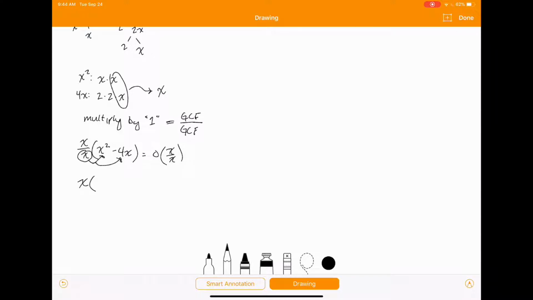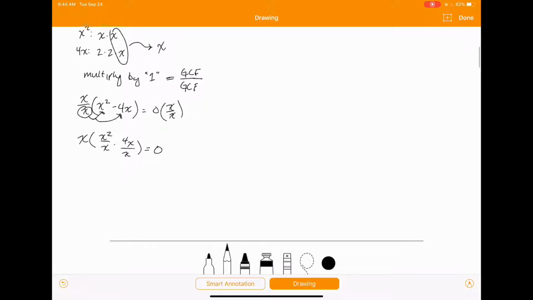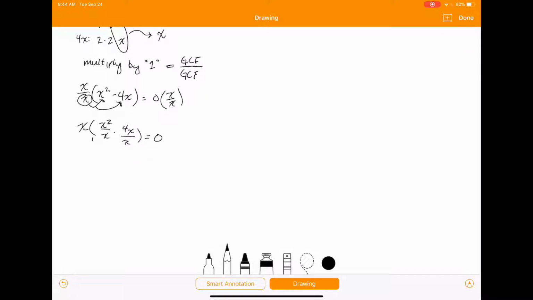So we're going to have x times x squared over x minus 4x over x equals 0 times x over x, which is just 0. So that goes away. Now you can simplify this part inside the parentheses. So we're going to have x times x squared over x is just x, minus, these x's will cancel, so we'll just have 4, equals 0.